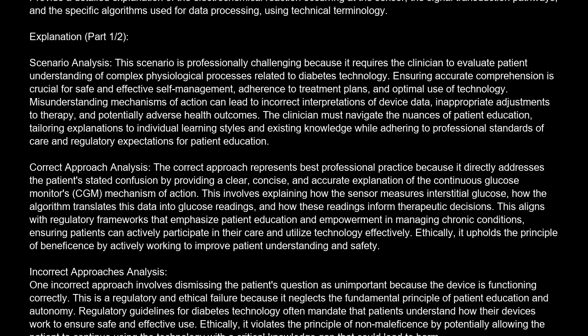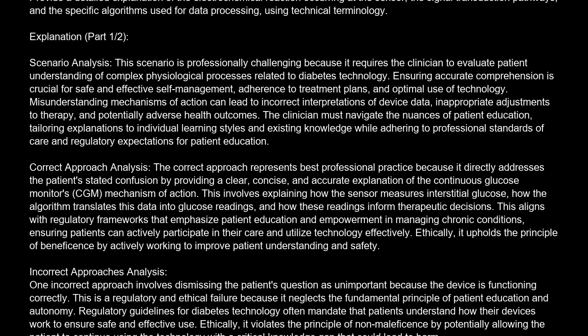Explanation. Scenario analysis. This scenario is professionally challenging because it requires the clinician to evaluate patient understanding of complex physiological processes related to diabetes technology. Ensuring accurate comprehension is crucial for safe and effective self-management, adherence to treatment plans, and optimal use of technology.